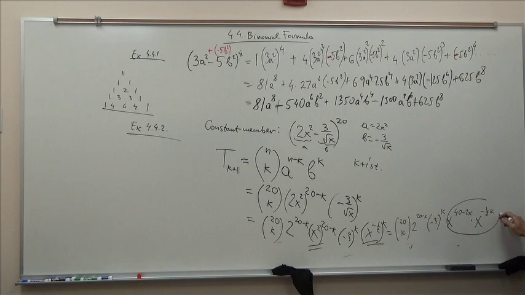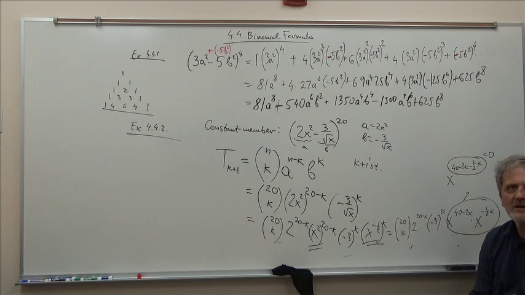These guys have powers of x. And if I want x to the 0, then those two together give me x to the 40 minus 2k minus 1/2 k. When you multiply powers, you add up the exponents. So if I want the constant term, this has to be 0.